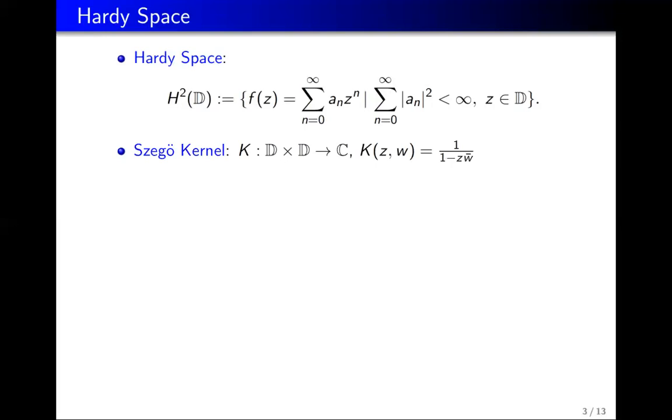That's actually easy to see. So in particular, if you denote this vector by k_w(z), here w is fixed and I am just varying z, it's a holomorphic function on the disk, and it's actually a member of H2(D). This is the fact which I'm going to use, and these are called the kernel functions.